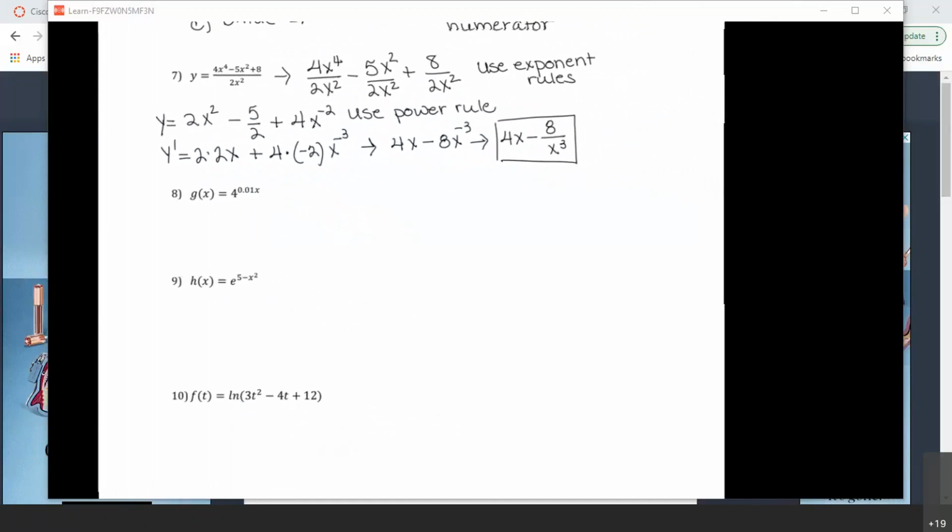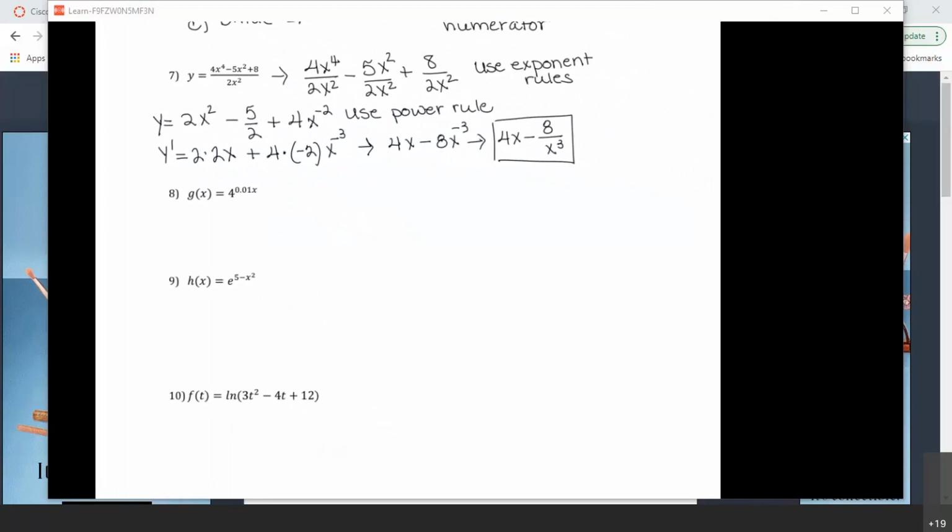If you look at number 8, what do you see going on? Tell me what you're looking at. Anybody have any ideas? Definitely an exponential. Anything else?